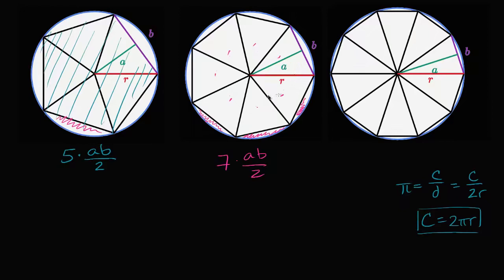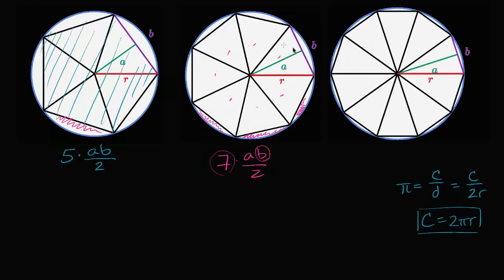Now, another thing to think about is what is 7 times B approaching? We're saying that A is approaching R as we add more sides of the polygon, as we add more triangles. And what is the number of triangles times the base of the triangle? What is that approaching? Well, this is going to be the perimeter of the polygon.